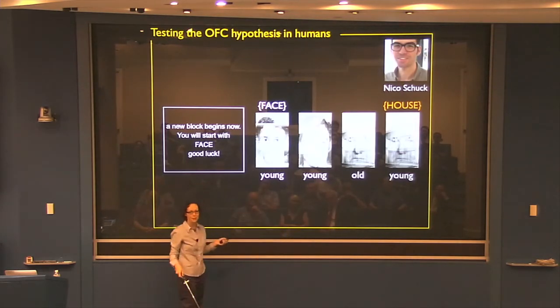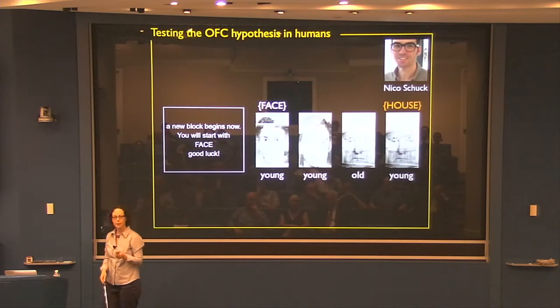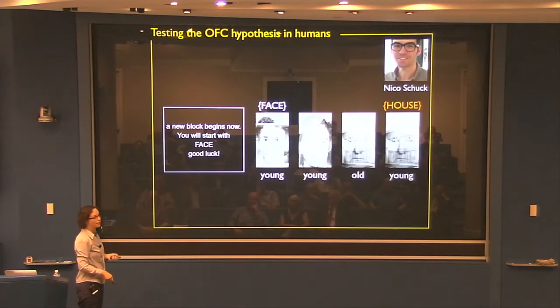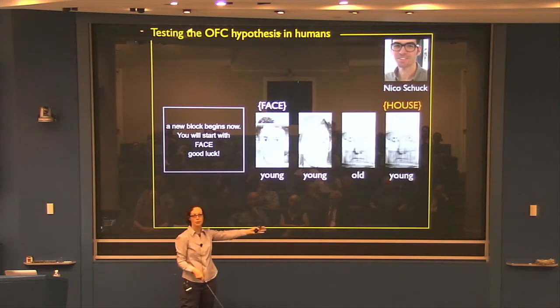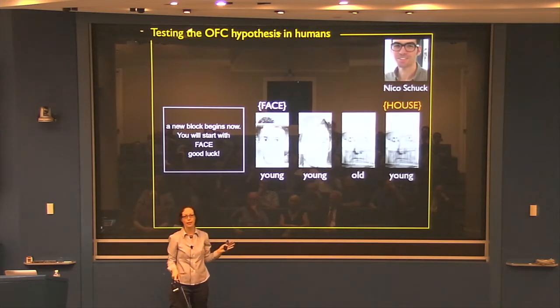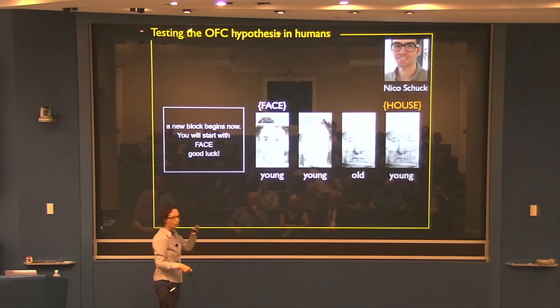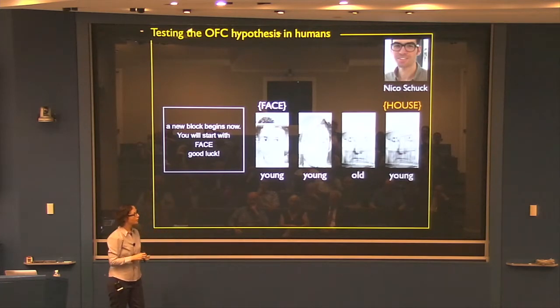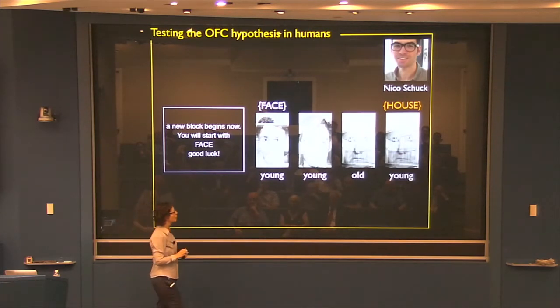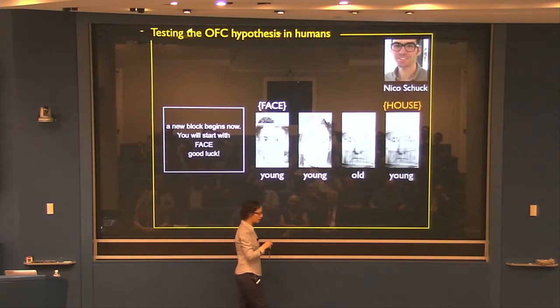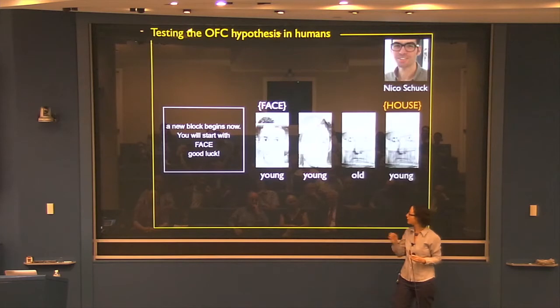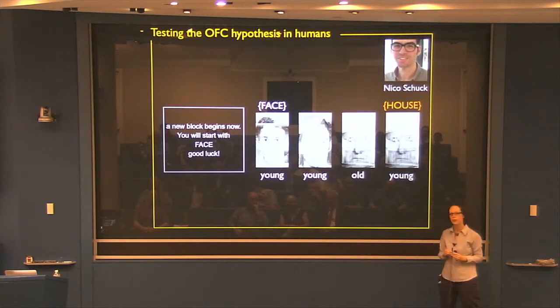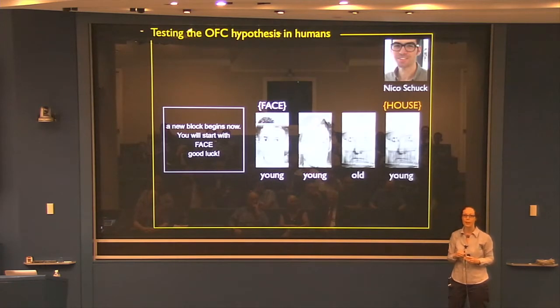So all these complex instructions mean that what people have to keep in mind when they're doing this task, and they do it really well, they do blocks of hundreds of trials without any error, without intervening. They start with about 20% errors on average. We train them a little bit outside the scanner for about half an hour on the first day, and then the next day they come in and they do this inside an MRI scanner, and their average error rate is less than 5%.